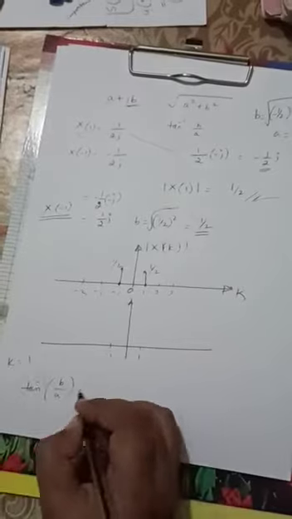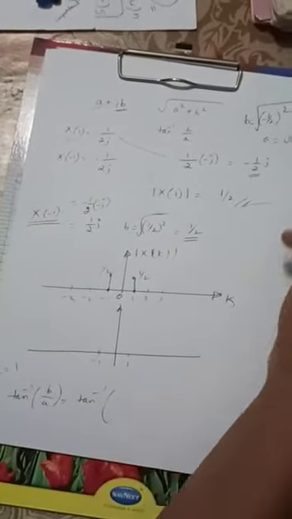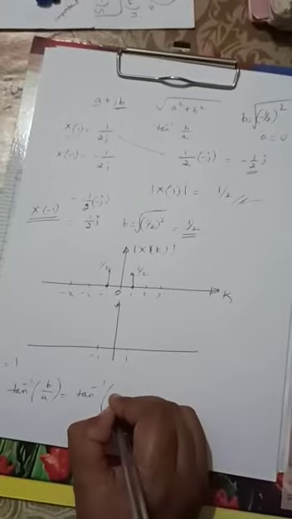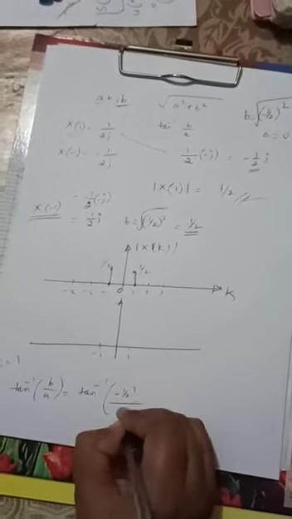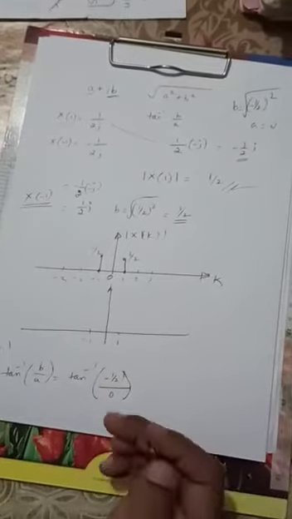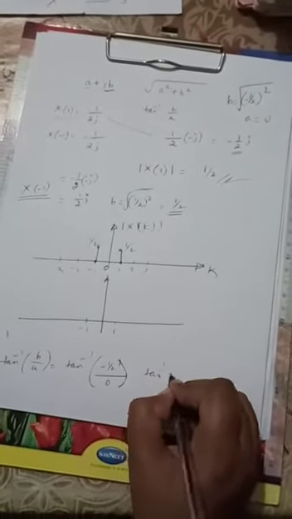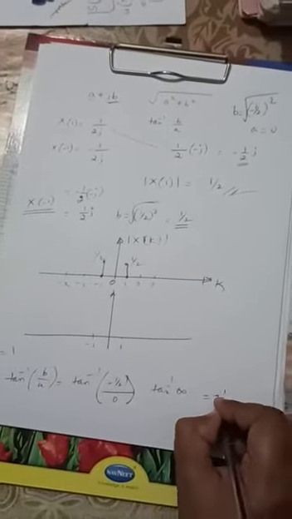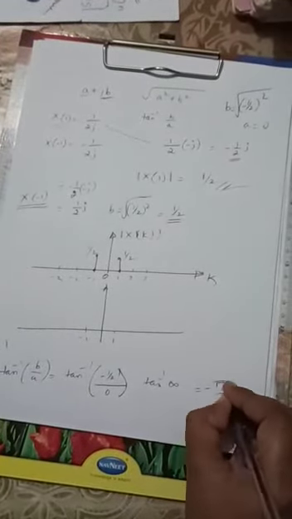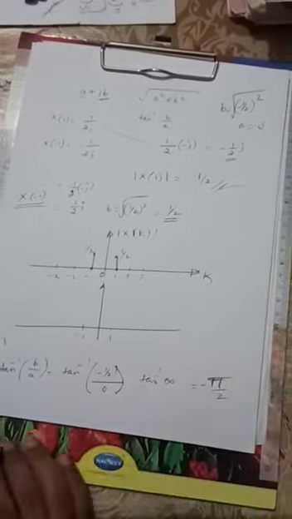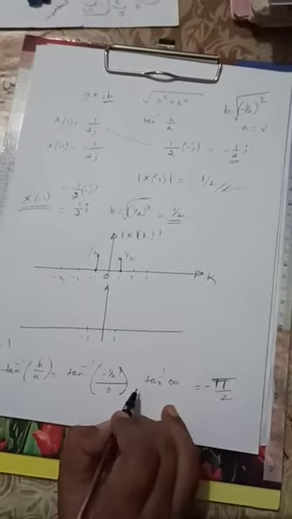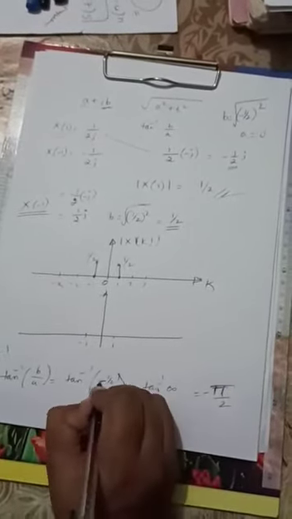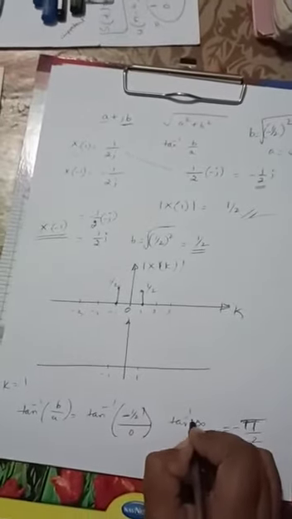So what is it for k equals 1? Tan inverse of b, where b is minus half and a is 0. Anything divided by 0 is infinity, so it is tan inverse infinity, which is minus pi by 2, because here the half is negative, so a minus will be there.